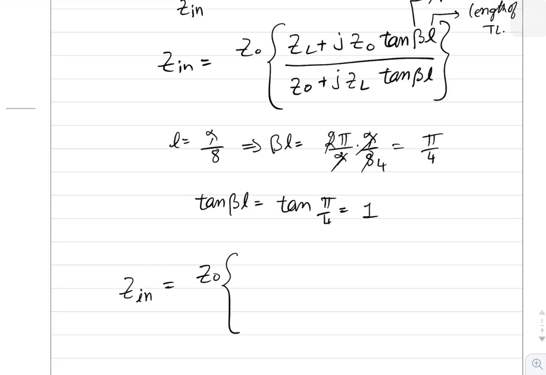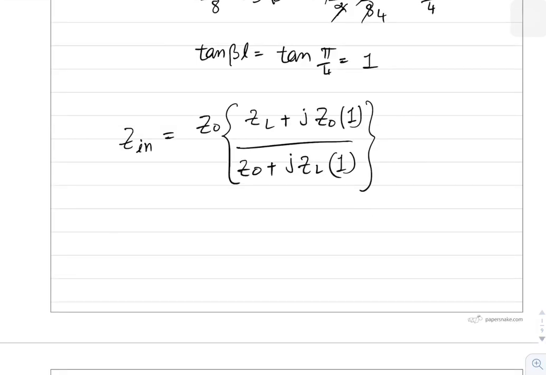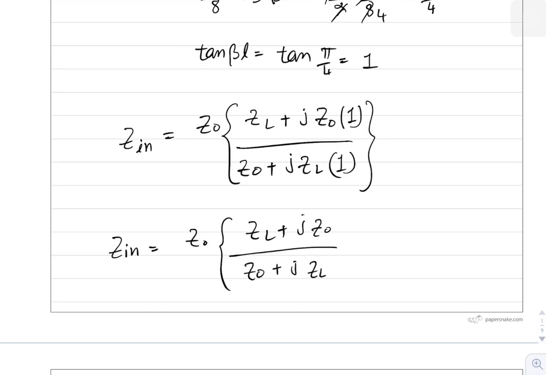ZO multiplied with ZL plus J times ZO tan beta L, where the value of tan beta L is 1, by ZO plus J times ZL tan beta L, where tan beta L value is 1. Therefore Zin equal to ZO multiplied with ZL plus JZO by ZO plus JZL.